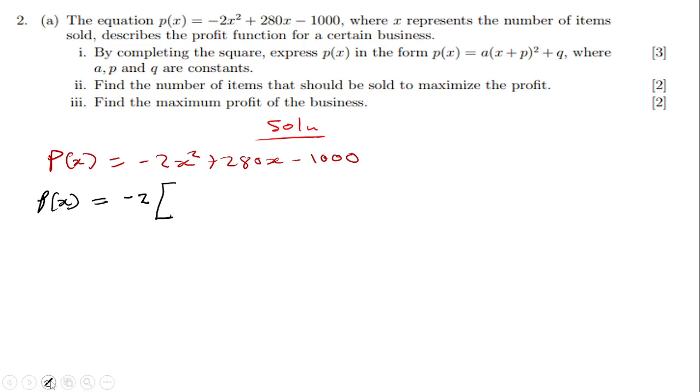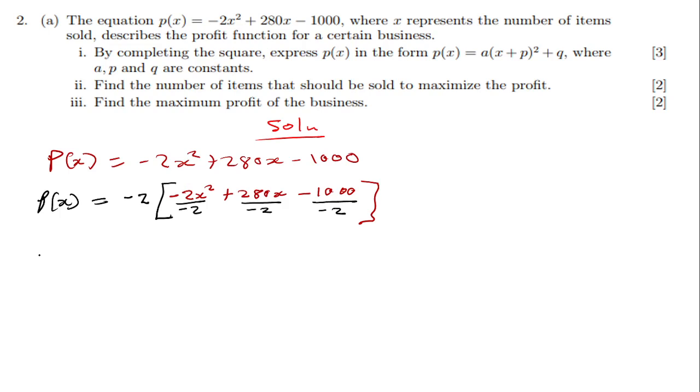Then you divide throughout by negative 2. So you have 280 there, you also have 1000 there. The next step is to divide throughout by that negative 2 you have factorized. This term should only remain as x squared. That's why we have factorized.